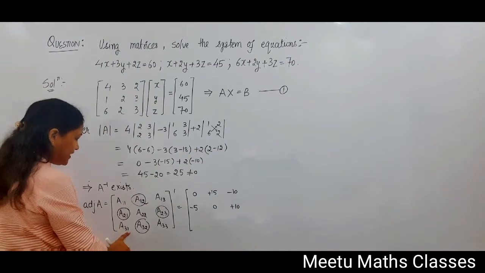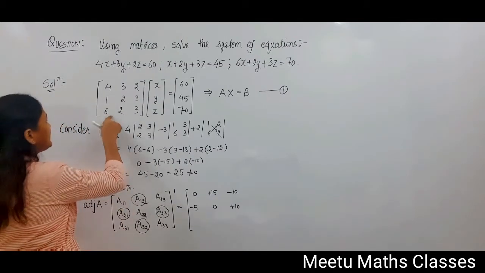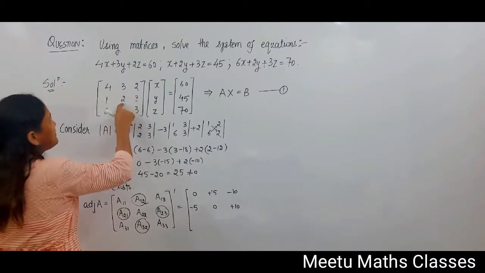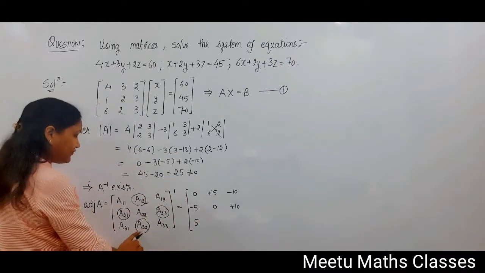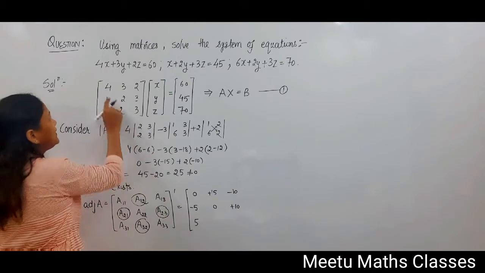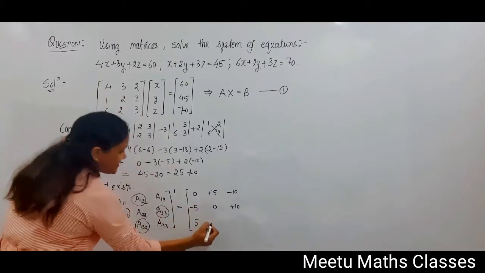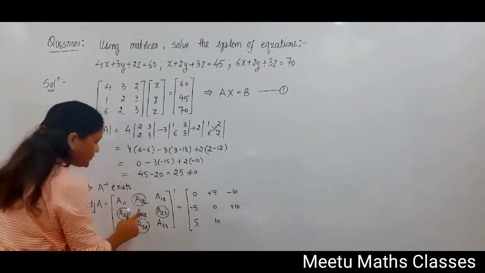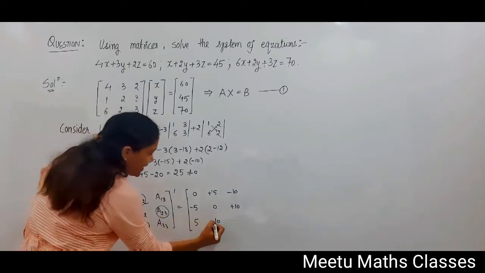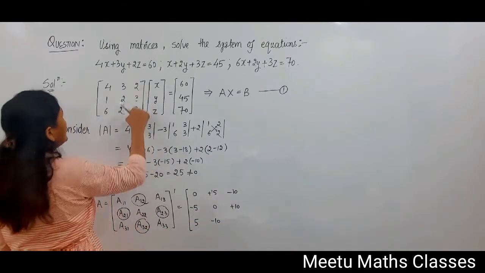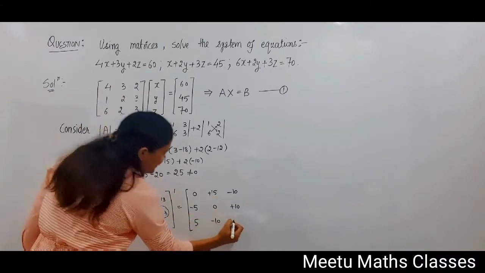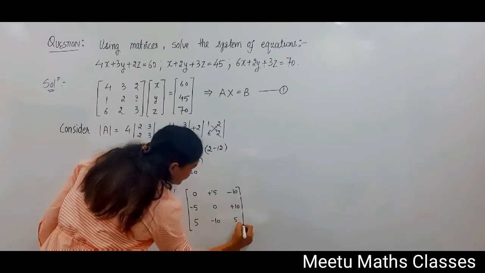Now the cofactor of A31 is 9 minus 4, that is 5. The cofactor of A32 is 12 minus 2, that is 10. Since the position is odd, we are going to multiply it by minus. Now the cofactor of A33 is 8 minus 3, that is 5.